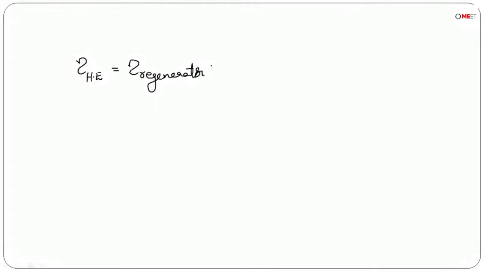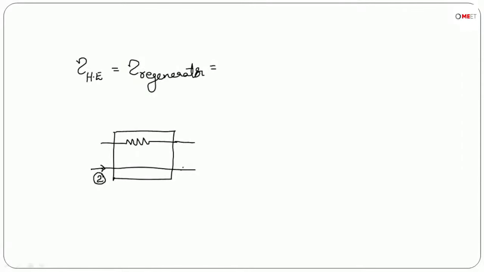The heat exchanger that we are using here is like this. This is the regenerator. In the regenerator, one fluid is flowing from 2 to A in this direction, and the other fluid is flowing in the opposite direction from 4 to B.